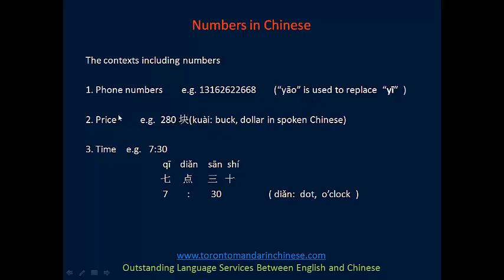Second, price. For example, 280 bucks. In Chinese, 280块. 块 means buck, dollar in spoken Chinese.